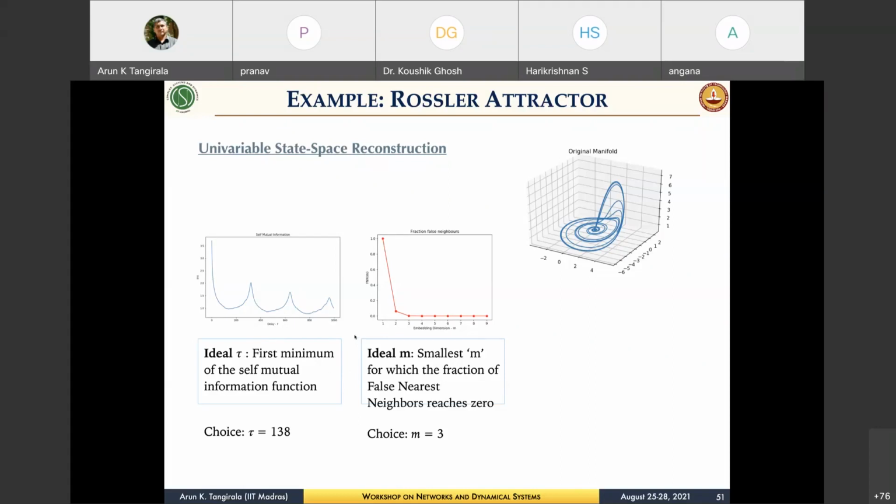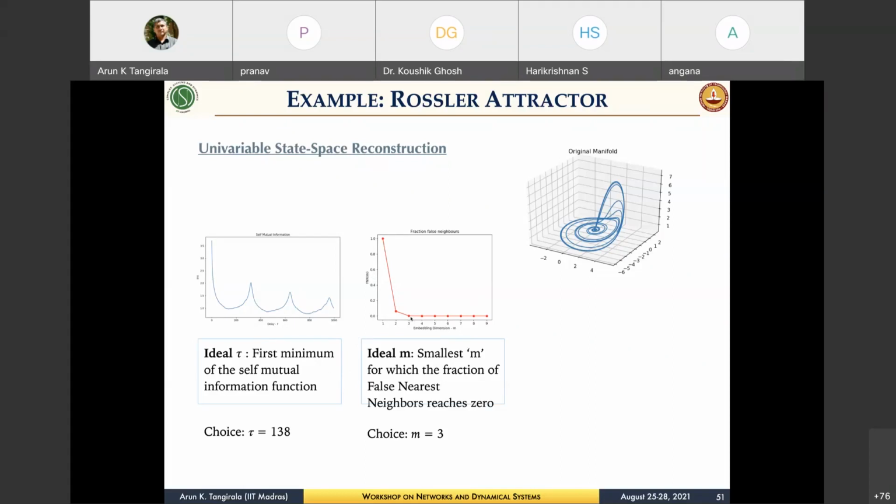This 138 has a meaning. It is 138 sampling instants, remember. And then how do you determine the embedding dimension? Again, you use a method called fraction of false nearest neighbors. I'm not going to go into the technique, but what you do is you compute what is known as the false nearest neighbor, or fraction false nearest neighbor index, and plot it versus different guesses of embedding dimension. You pick the first minimum.